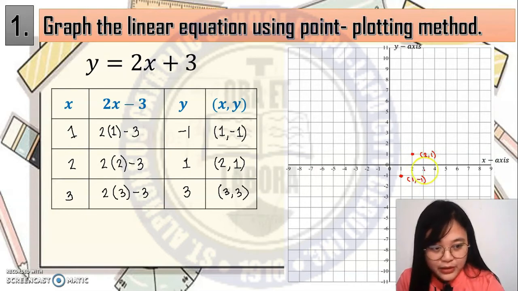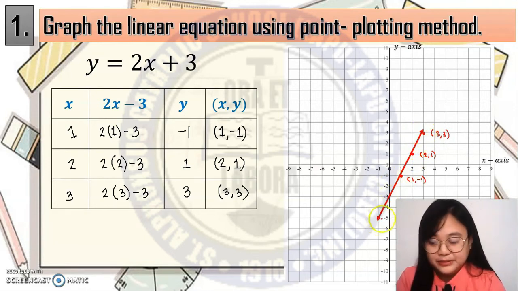Next, 3, 3, then still label. After plotting all the points, we need to connect the 3 points in a line. So I want you to connect the 3 points using this one. Okay? So connect the 3 points, then put arrowheads on each end.